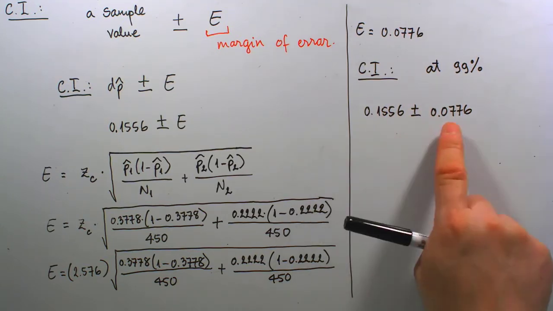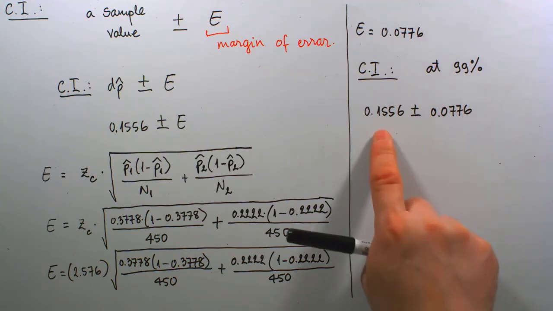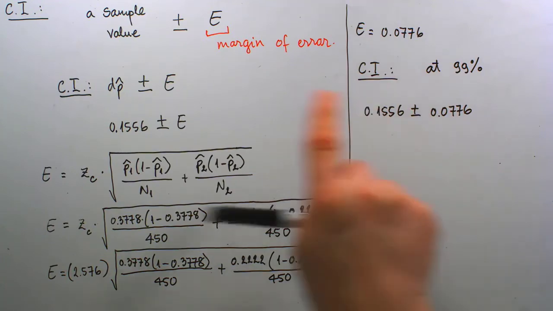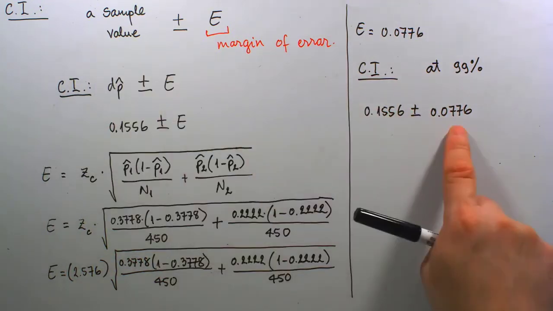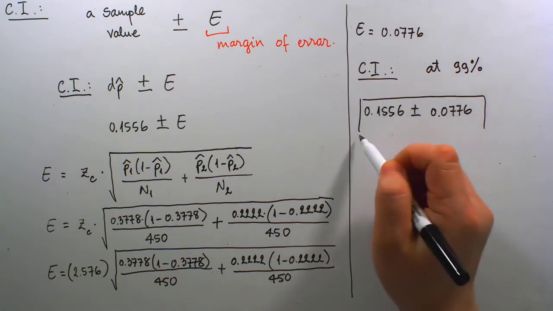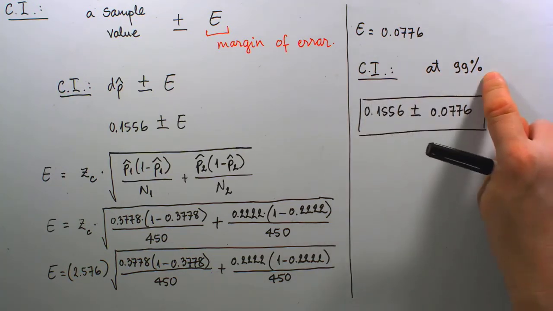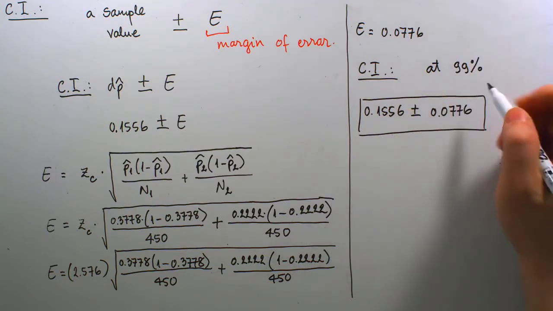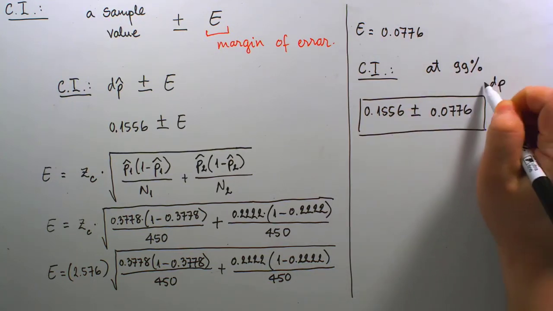So 0.0776 up and down from where 0.1556 was. This was our sample value, and this is the margin of error. So this is our final confidence interval. At a 99% success level guaranteed, the actual dp will be somewhere inside of this interval.